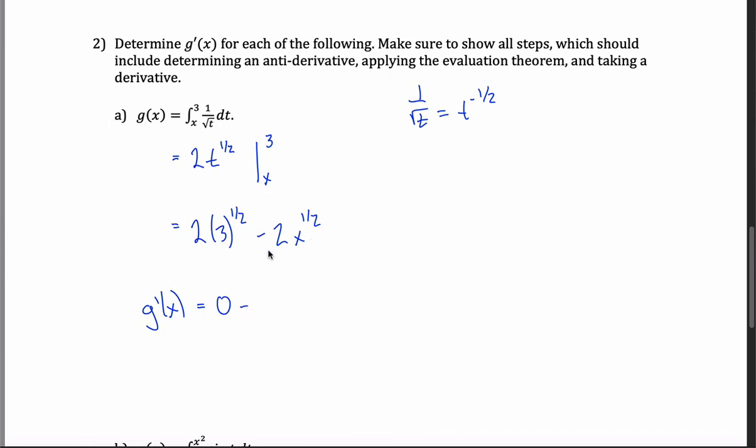And the derivative of this, well, the 1/2 would come out in front. 2 times 1/2 is just 1. And then I'd have to subtract 1 from the exponent. What I get is negative x to the negative 1/2 power. But x to the negative 1/2 power is 1 over the square root of x. So what you see as my answer is almost what you see here, changing all my variables into x's. But because the x is in the wrong spot, I have to negate that thing.